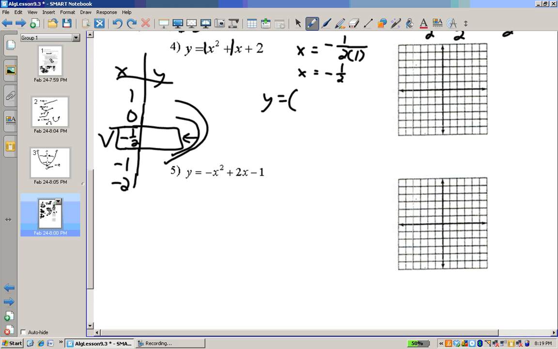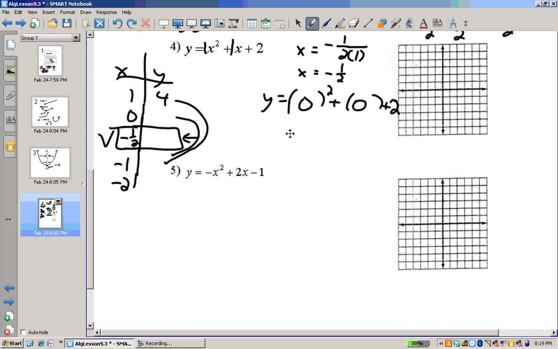So y equals x squared plus x plus 2. Let's plug in 1. 1 squared is 1, plus 1 plus 2. 1 plus 1 is 2, plus 2 is 4. Let's plug in 0.